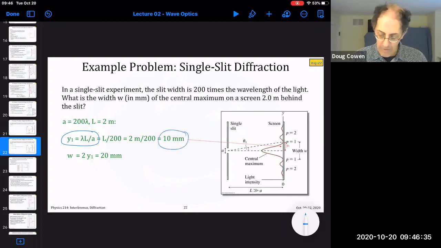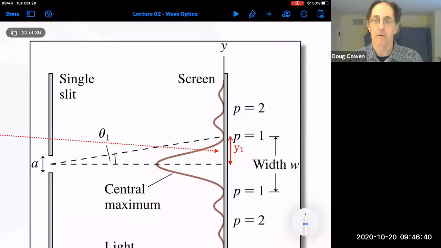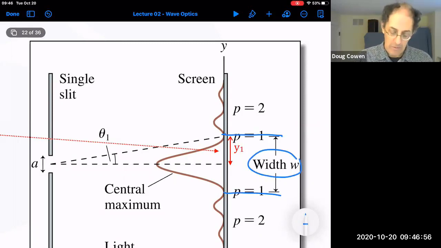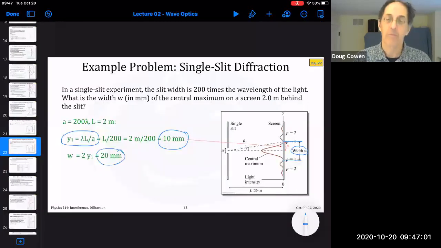Now notice that what you've solved for here is this value of y1 shown in this figure. But what you're asked for is the distance from here to here, W. So that's basically double the y1 we just calculated. So it's 20 millimeters.